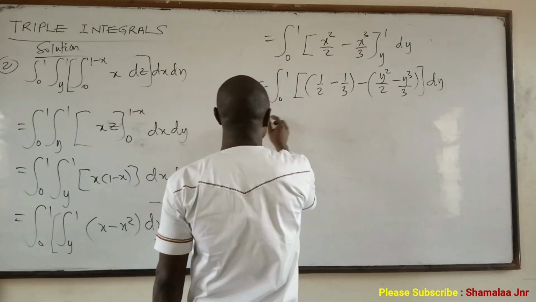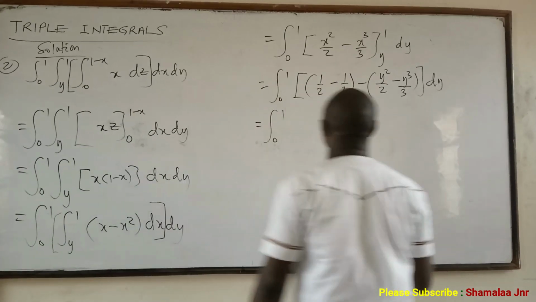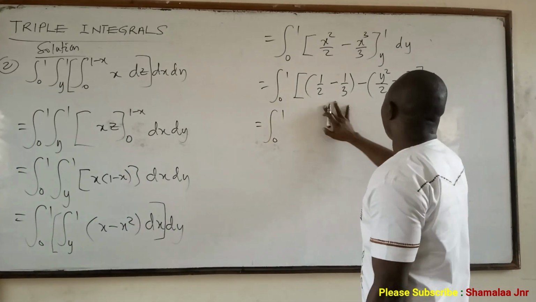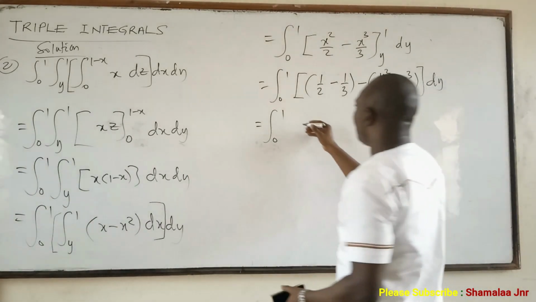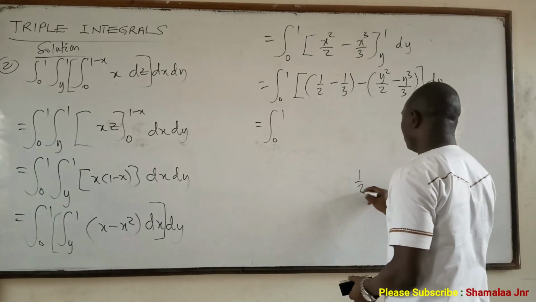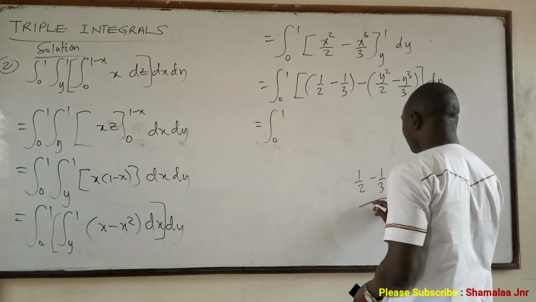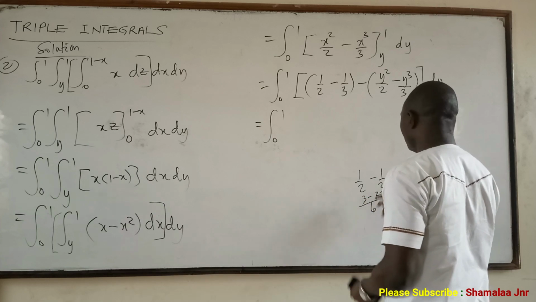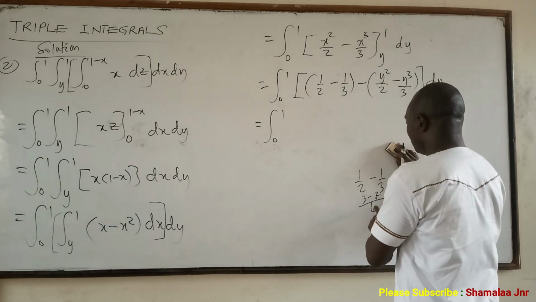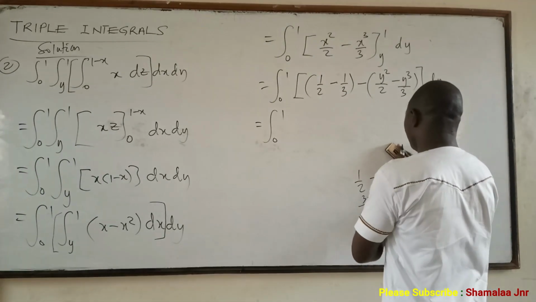So this is equal to the integral from 0 to 1. Now, let's try to open this one. 1 over 2 minus 1 over 3. The LCM is 6. This comes here, and this one comes here 2, so 1 over 6. Then this one will be 3. Yes, 1 over 6.